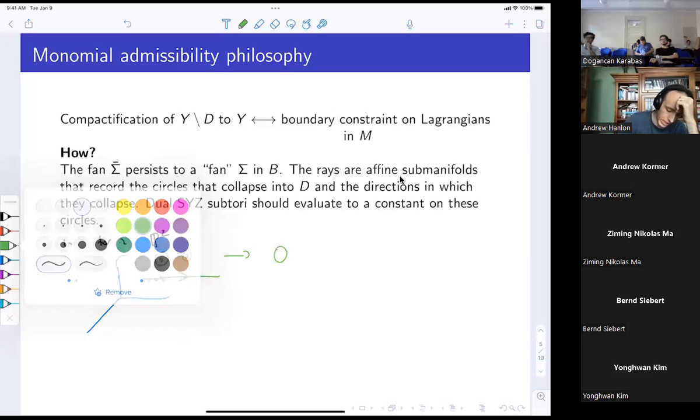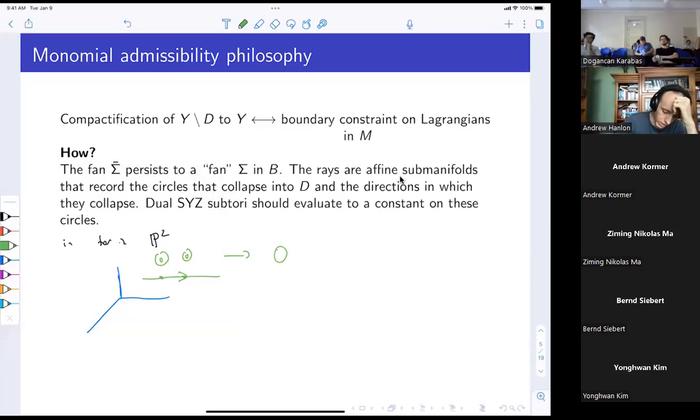But if I went off in one of these cones, in a direction not parallel to the ray, but strictly in the convex hull, if I went along some line like this, then my tori here collapse just to the intersection point of the two divisors.